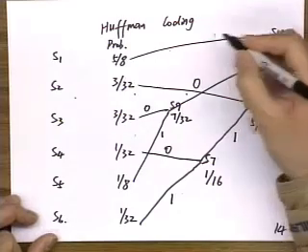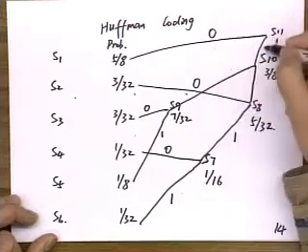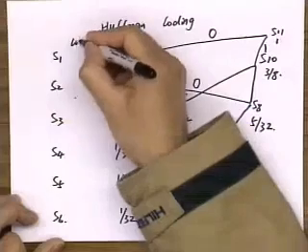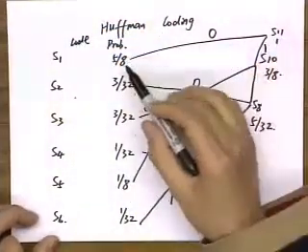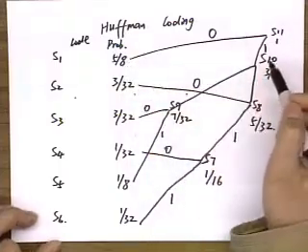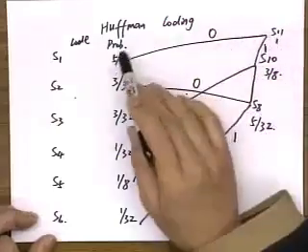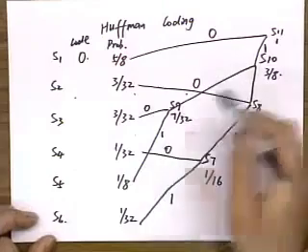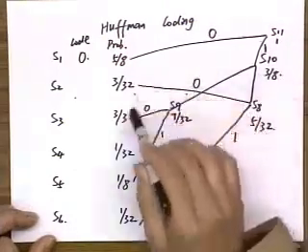So here is 1. We also assign a bit to each branch. In order to get the code word, we just traverse from the root to each node. So for S1, we traverse from the root to S1, it's just 0. And for S2, we traverse from the root this way.